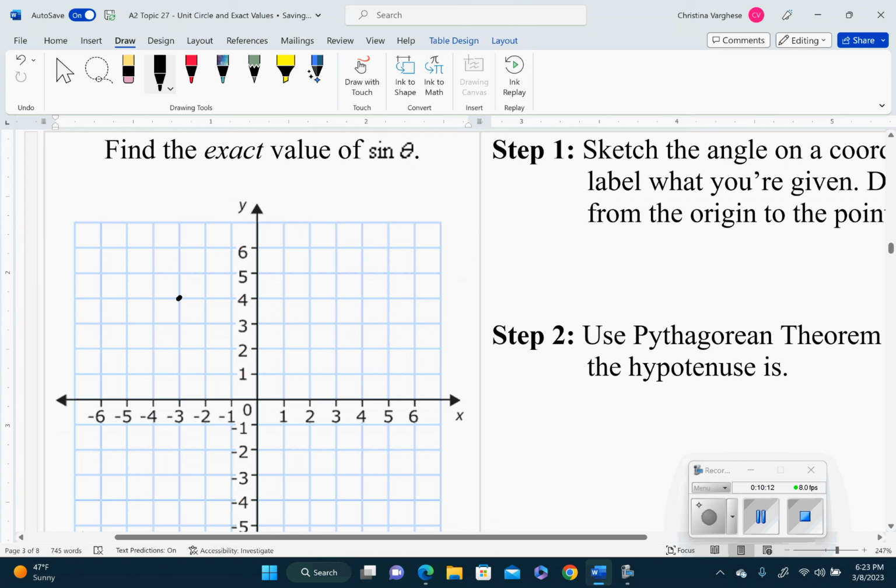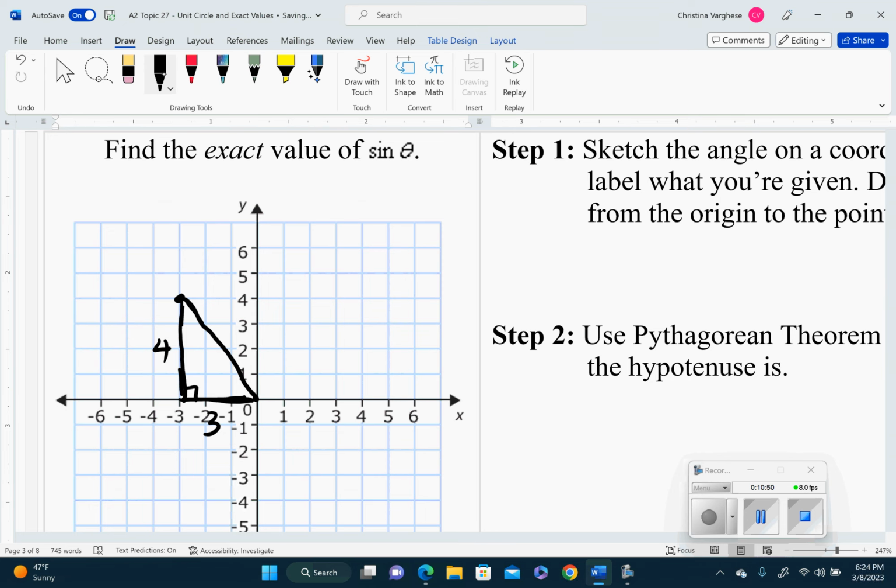The first thing we want to do is connect the origin to that point to the best of my ability. Then we're going to label this and draw in our right triangle. We know that this distance here is 3 and this one up here is 4.